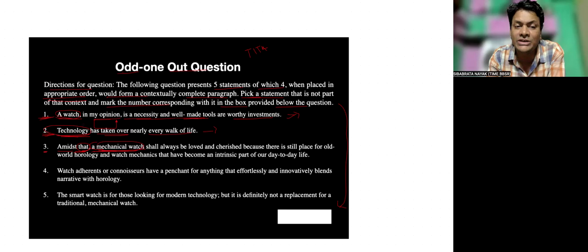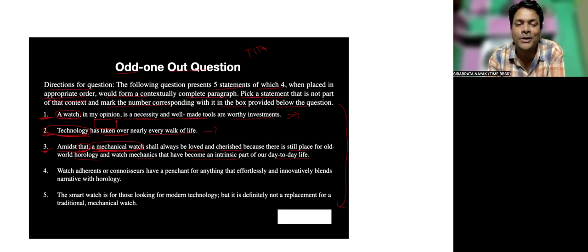Whereas statement three stated that in the middle of that, a mechanical watch shall always be loved and cherished. Why? Because there is still a place for old world horology and watch mechanics that have become an intrinsic part of our day-to-day life. So this one is clearly indicating that statement three talks about how the mechanical watch holds importance, reputation and appreciation, and people love that mechanical watch. Why?